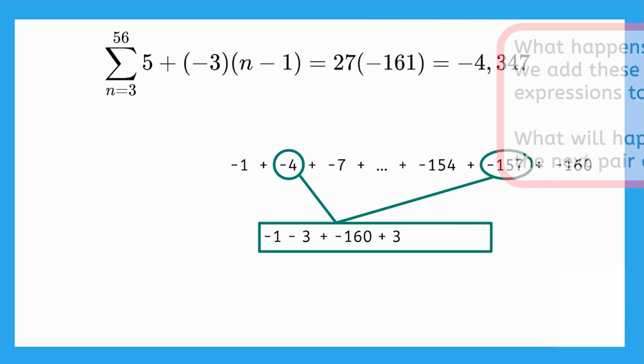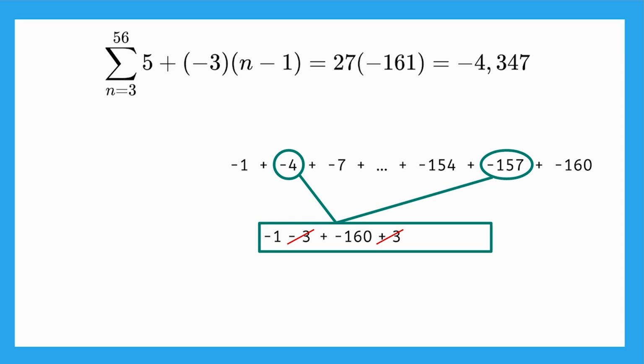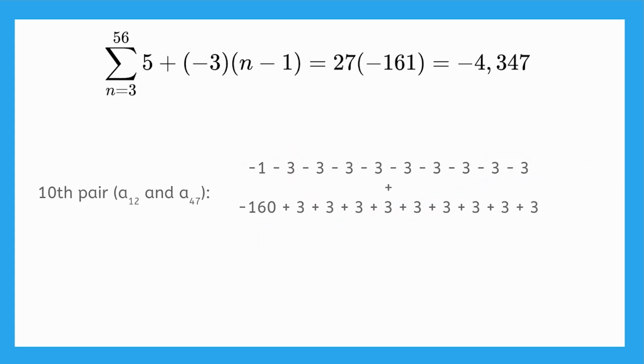The plus 3 and minus 3 end up zeroing each other out, so it's just -1 plus -160 again. This happens with every pair. The 10th pair is -1 minus 3 nine times, plus -160 plus 3 nine times, causing all those plus 3's and minus 3's to zero out.